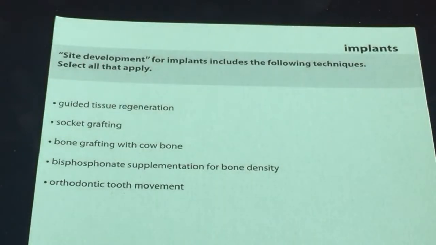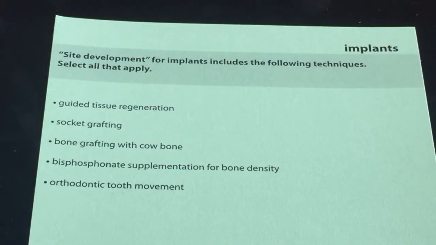Site development for implants includes the following techniques. Select all that apply. Guided tissue regeneration, socket grafting, bone grafting with cow bone, bisphosphonate supplementation for bone density.